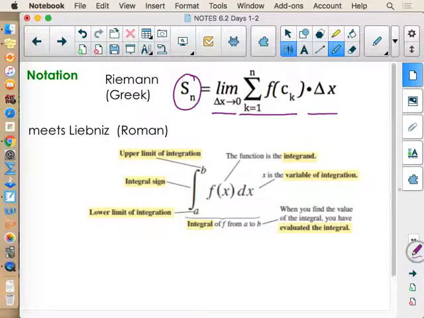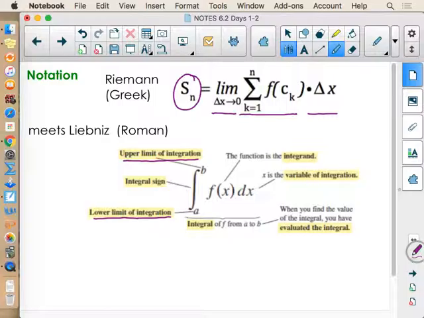We hinted at this the other day that instead of that sigma, he's using this stylized, stretched out S-looking shape, and that's our integral sign instead of our sigma. Lower bounds and upper bounds, so the lower limit of integration and the upper limit of integration, are just written a little bit to the right below and a little bit to the right above that integral symbol.